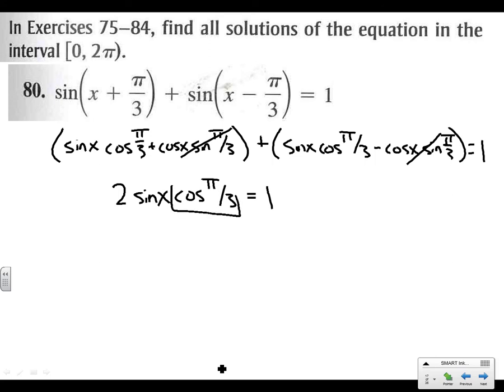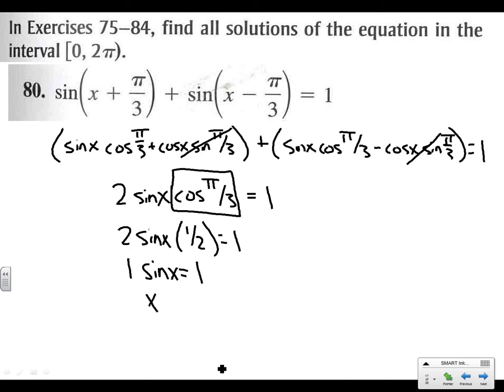If we go look at the unit circle, or our cheat sheet, the cosine of pi over 3, that's the cosine of 60 degrees. That's 1/2. So 2 sine x times 1/2 equals 1. So 1 sine x equals 1. So sine x equals just 1.